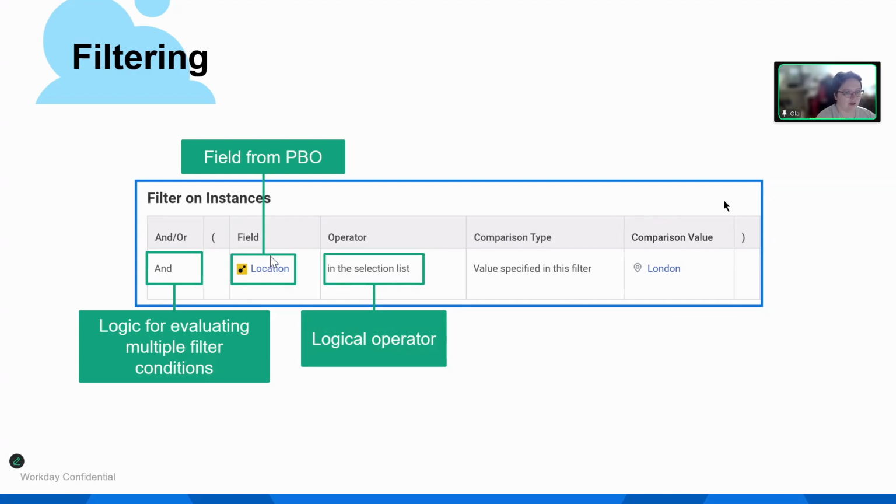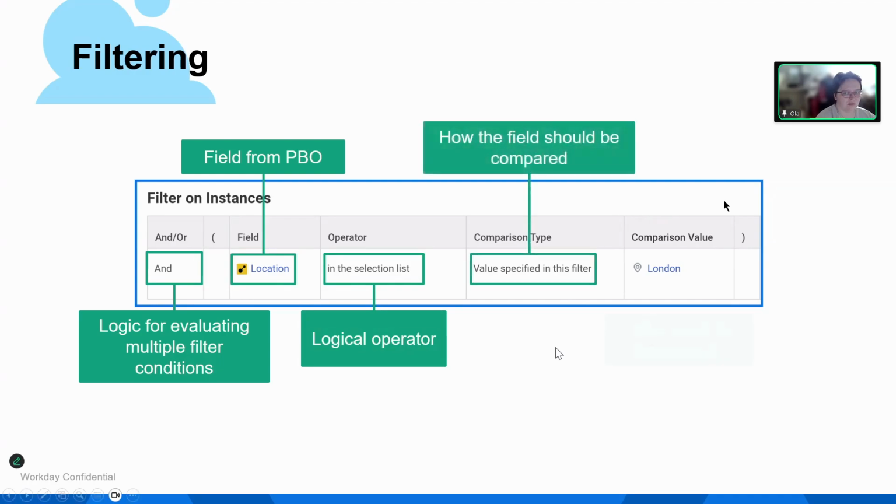If you have a request for, for example, only workers from London and, I don't know, New York, then you can have multiple values here, because you're looking only for a value from location that is in the list. It doesn't have to be equal to the list, it is in the list. So if somebody is from London or New York, they're going to make it to the output file.